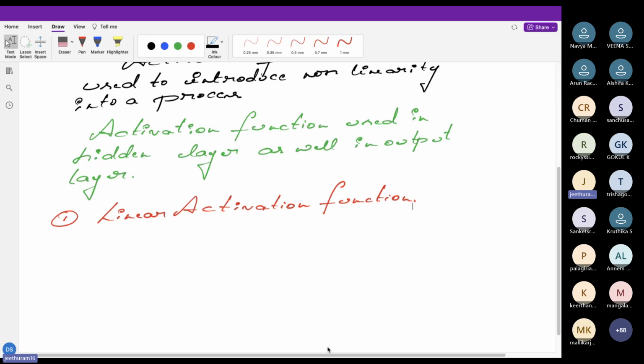So when I say linear activation function, what would be the formula, range, and graph?